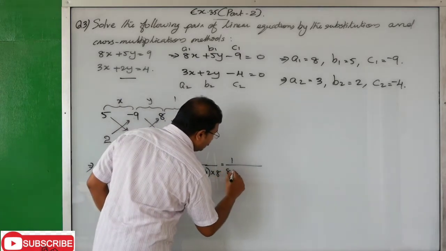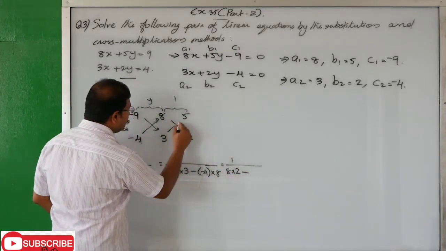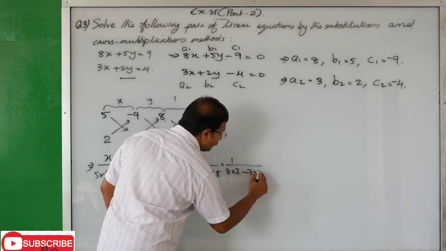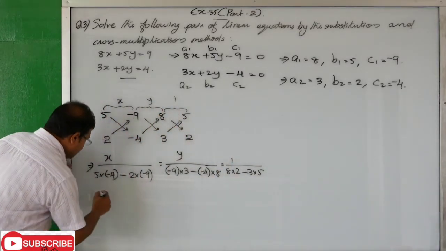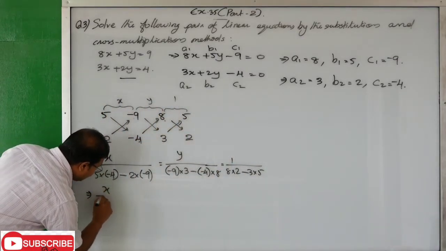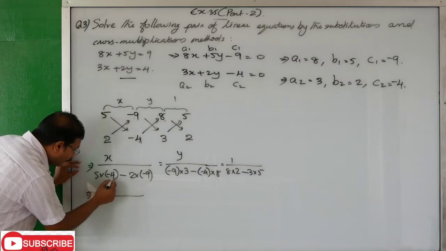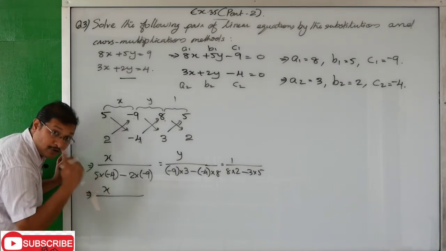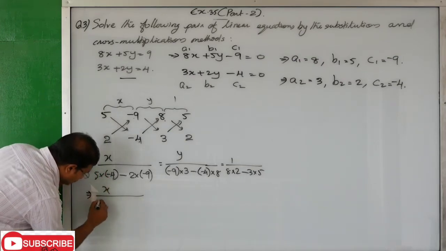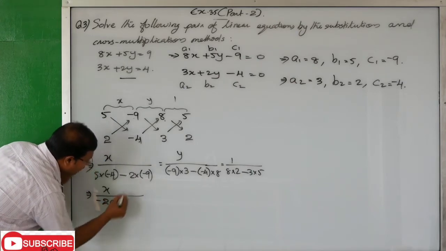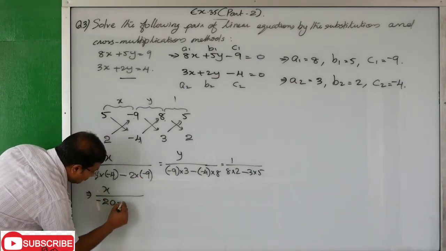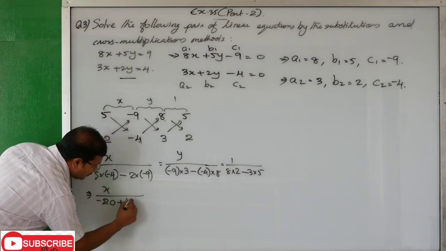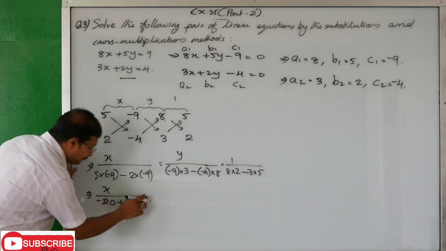8 into 2 minus 3 into 5. Ready? This implies x divided by 4 5s are, or 5 4s are 20. But of course minus is there. So minus 20. Now minus into minus plus, 9 2s are 18. Ready?